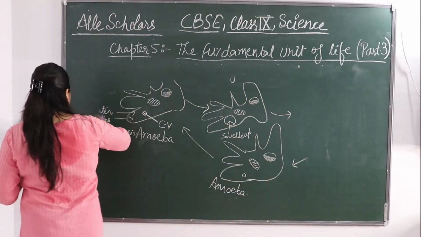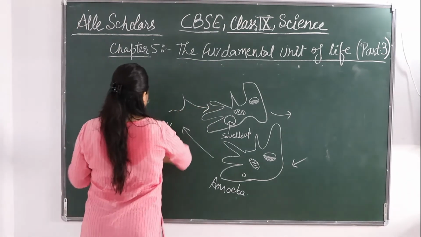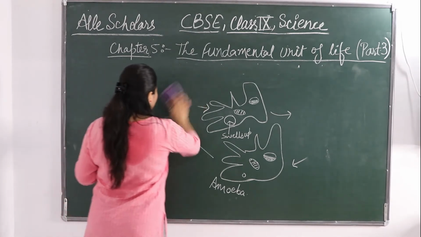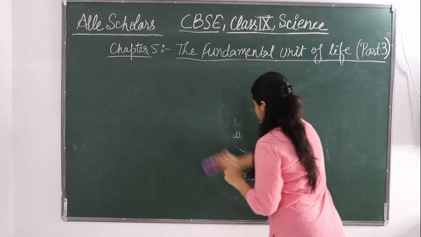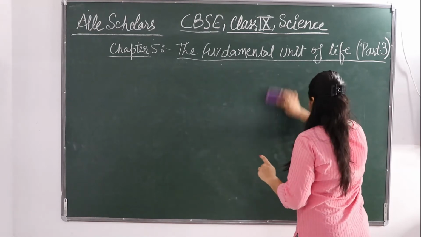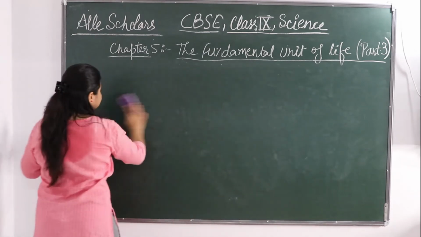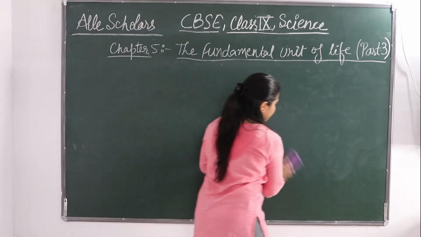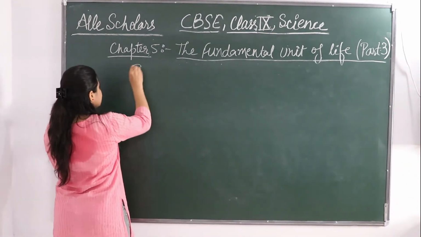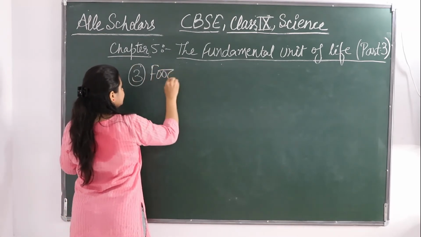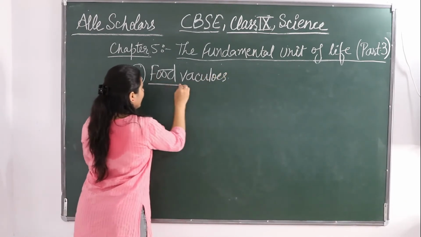We have seen about sap vacuoles, contractile vacuoles. Now we will see about food vacuoles. Okay, so the third type of the vacuole is a food vacuole.